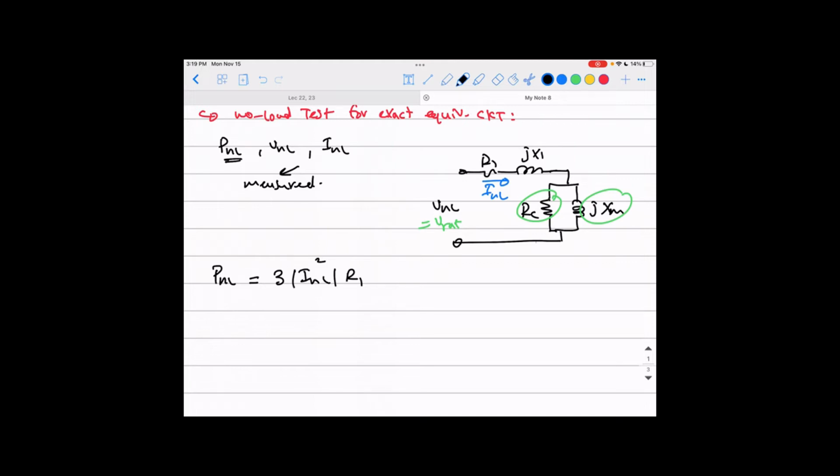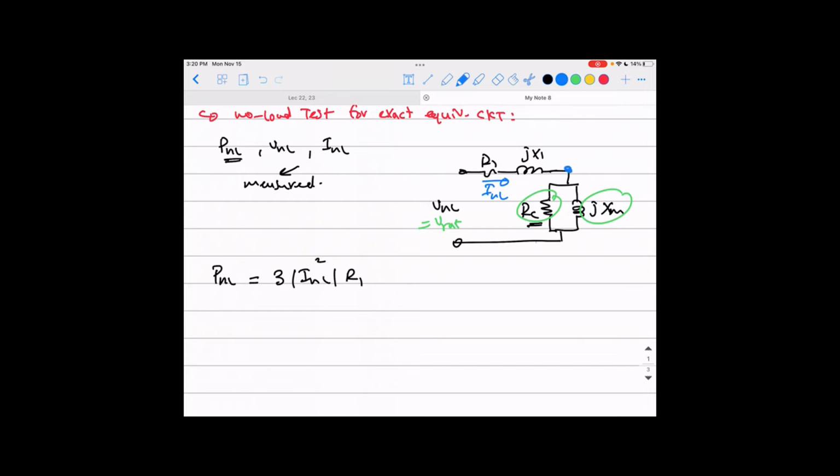You're just measuring the magnitude of the current using an ammeter, but I'm reminding you that when you're dealing with powers, you're calculating with magnitudes. So the P no load is 3 I no load squared R1. But you still have another resistance here, which is RC. The power goes there also. Okay, so I'm going to use the voltage on its terminals now.